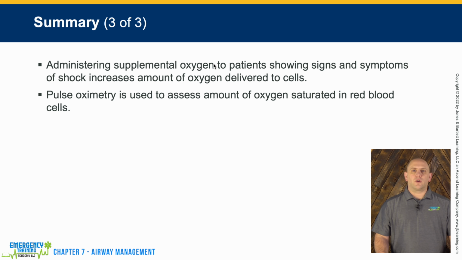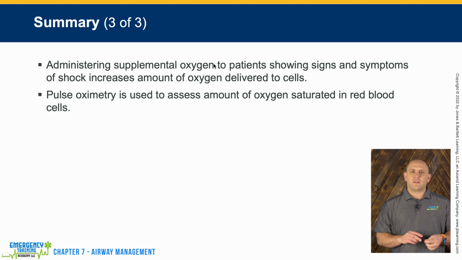Some of these patients are going to require supplemental oxygen if they're showing signs and symptoms of shock. We will use our pulse oximetry to determine the level of oxygen saturations that they have and target our oxygen delivery for those patients, making sure that we are giving them enough oxygen that it reads on our pulse oximeter.